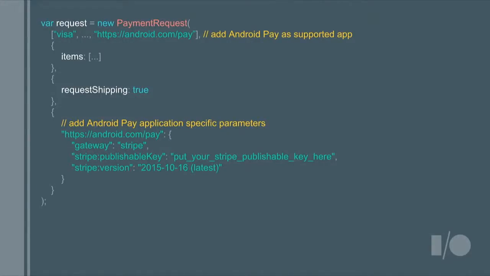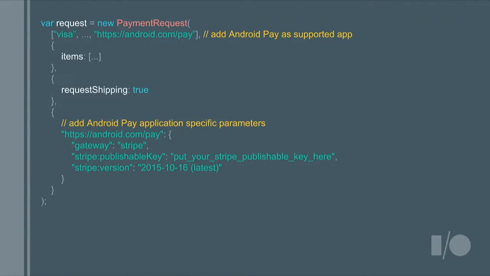The reason why it's so simple to add Android Pay integration is because payment request is designed specifically to be extensible to work with any payment application out there. So the first thing that you need to modify in your existing payment request call is to specify the identifier for the payment application. In this case, it is android.com/pay, which identifies Android Pay.